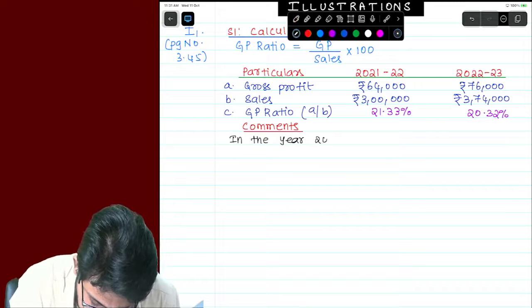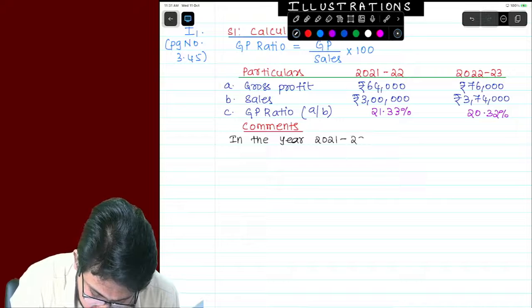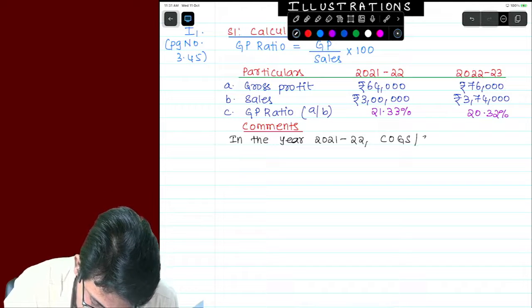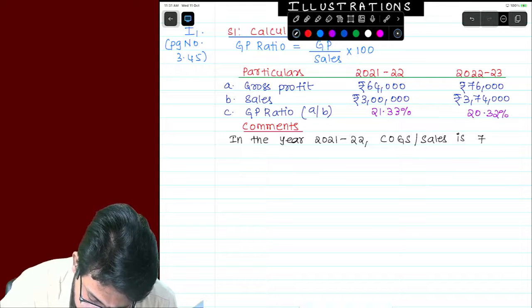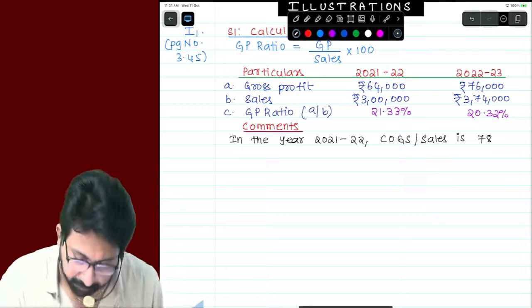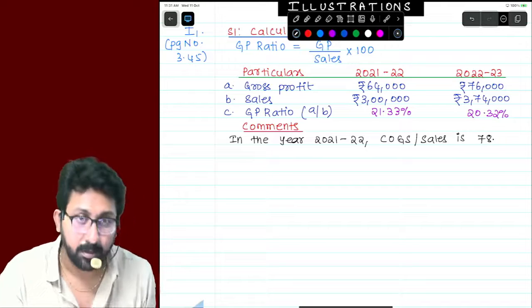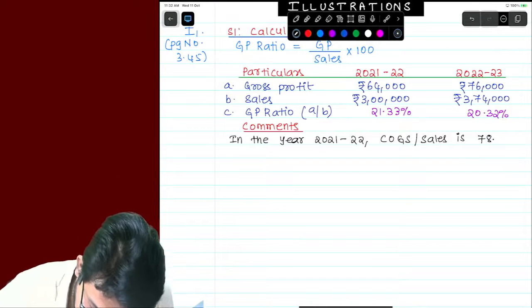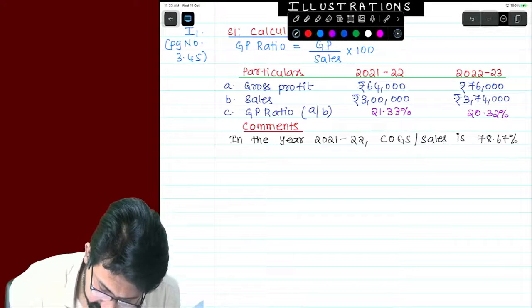In the year 21-22, COGS to the sales is 78 point something. You got how much? 78.67%.